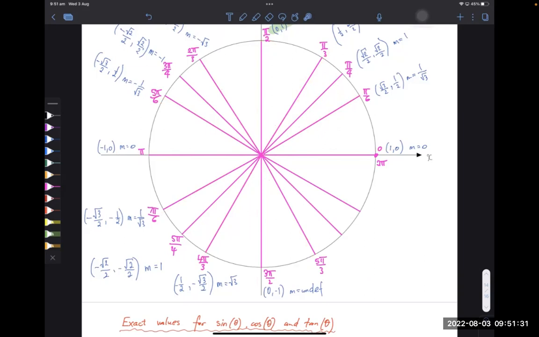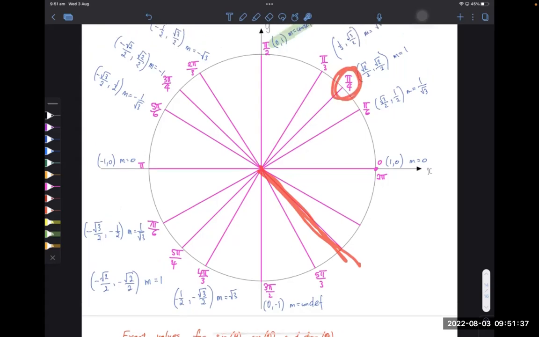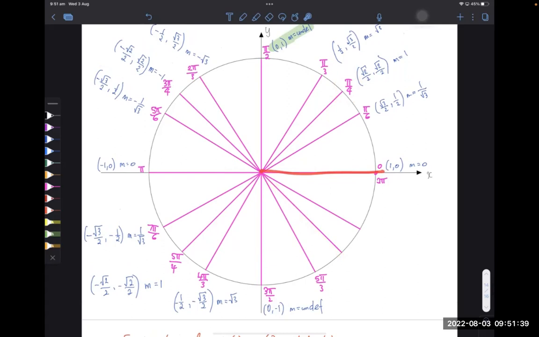And what's this one here? We understand now that this perfectly diagonal one is related to pi on 4, yeah? 0, 1, 2, 3, 4, 5, 6, 7 pi on 4. This one here is related to pi on 6 because you can see it's a very similar angle, yeah?